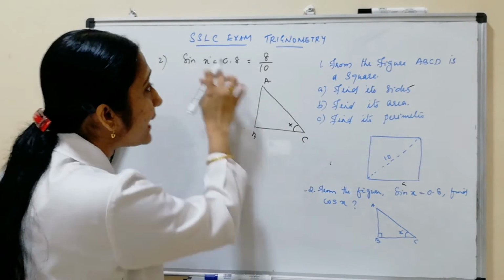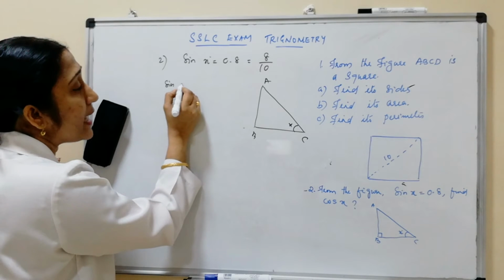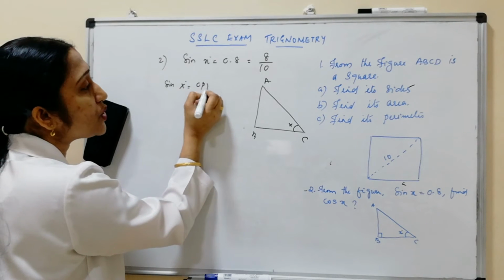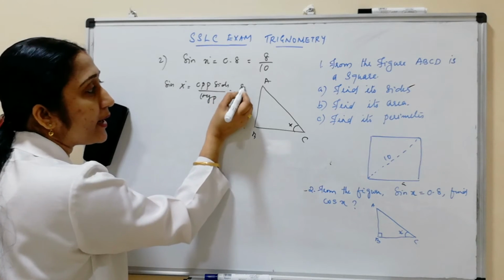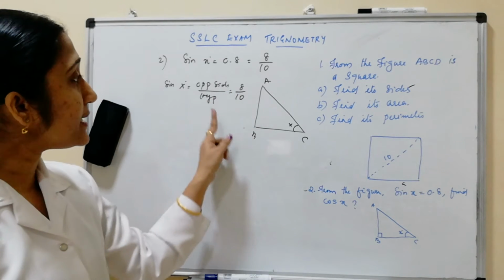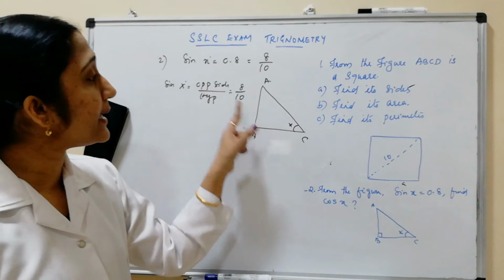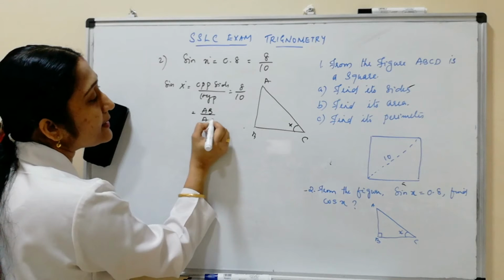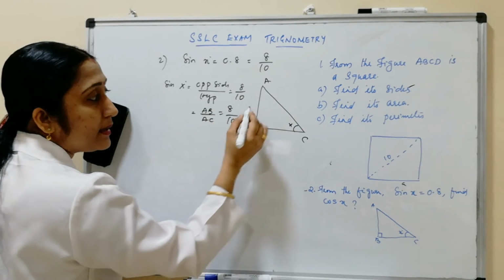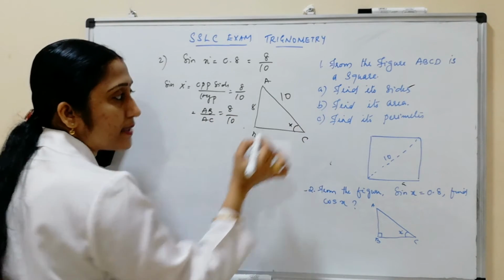Sin x is equal to the opposite side by the hypotenuse, here 8 by 10. The opposite side of x is AB, so AB by AC equals 8 by 10. This is 8 and this is 10.